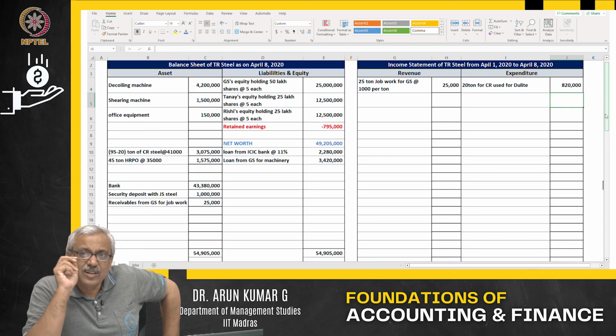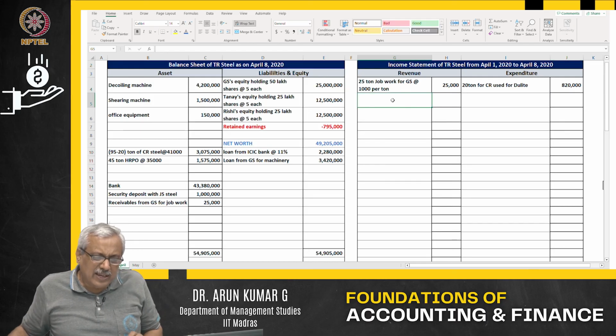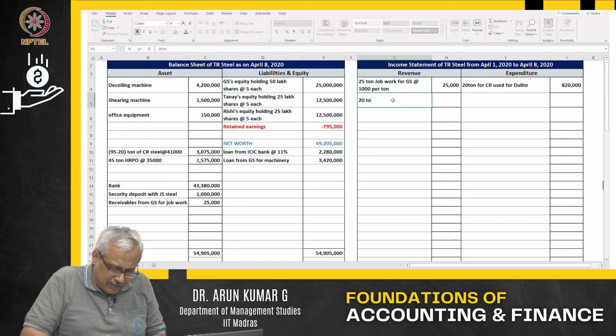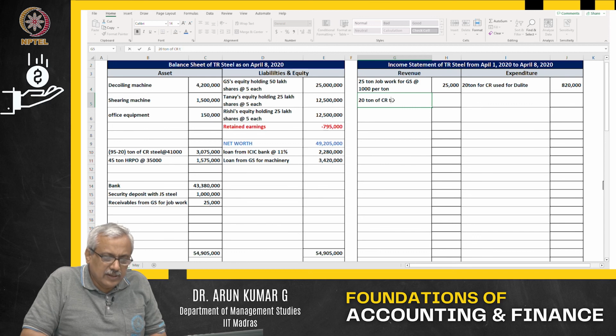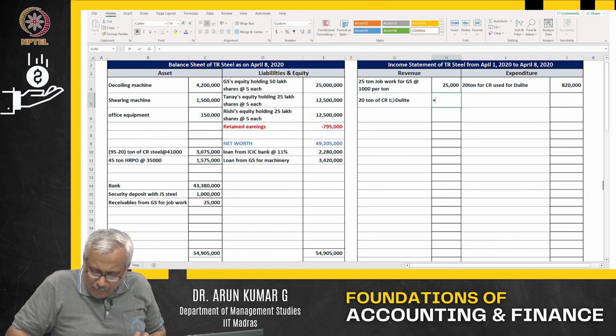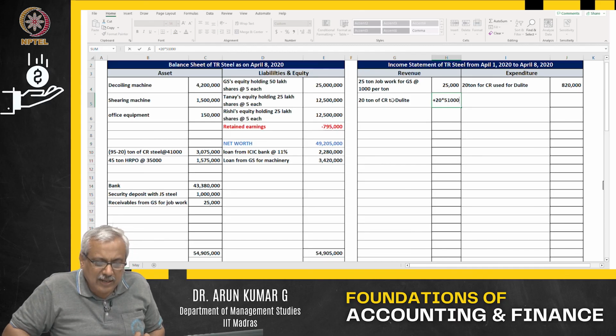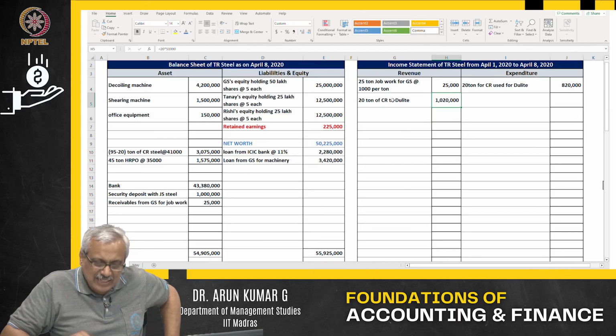Now, next, what has happened? You have sold. Sold for what? 51,000 per ton to Dulite. That is 20 tons of CR to Dulite. So, what has happened? Revenue has occurred. So, you have basically sold it.